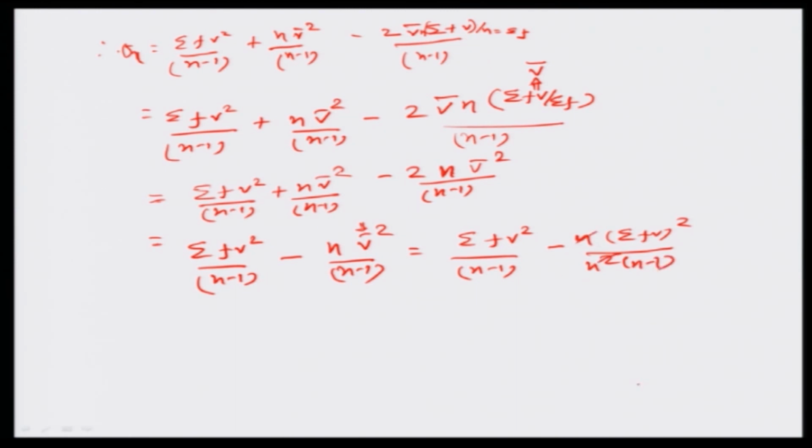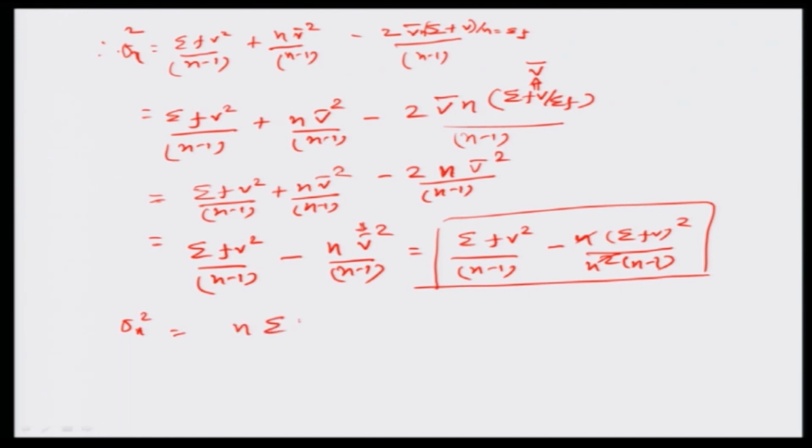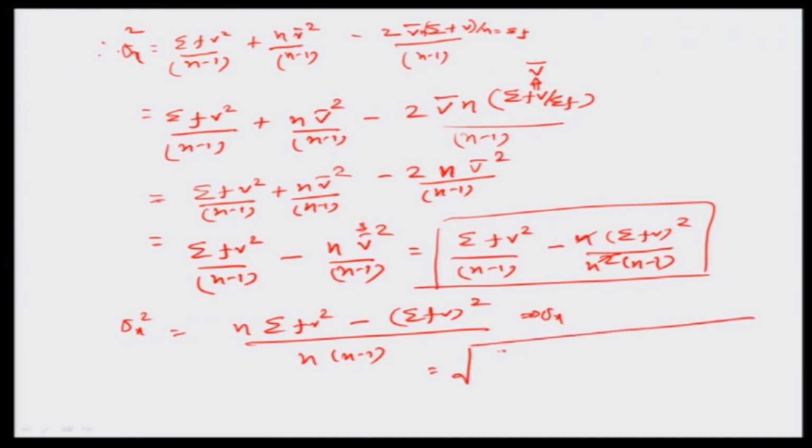This goes away in a similar manner, and this is the square of standard deviation, sigma x square. So sigma x square then becomes equal to, if you simplify this more, n sigma f v square minus sigma f v whole square divided by n times of n minus 1, or in other words sigma x is simply the under root of this particular term, n sigma f v square minus sigma f v whole square divided by n times of n minus 1.